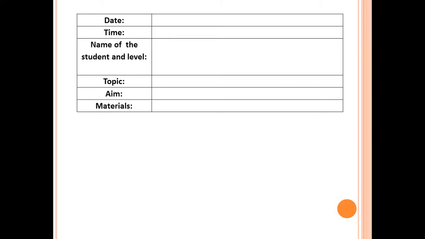By time, I mean the duration of the lesson, name of the student and level, topic of the lesson, so let's say clothes or fashion or, I don't know, animals, aim of the lesson, about that we're going to be talking a bit later, and material. So what materials are you going to use? A book, supplementary materials, I don't know, something, visual aids, etc.